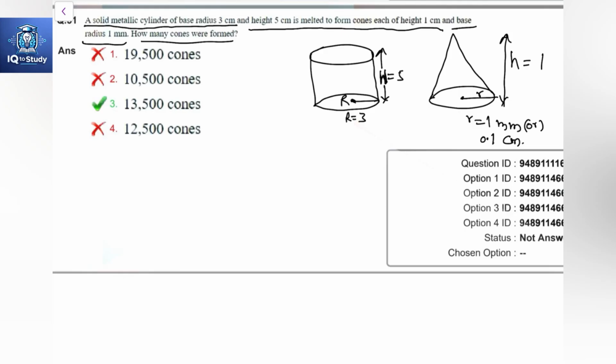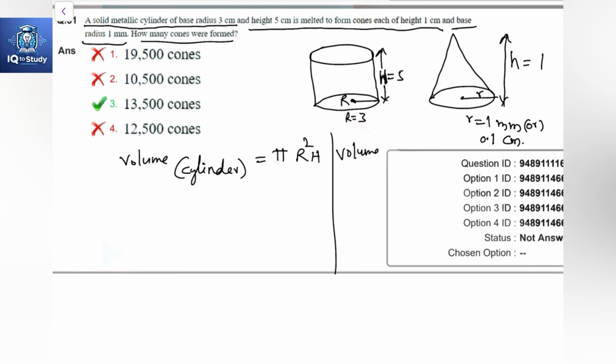We know that volume of cylinder is equal to pi r square h, and volume of cone is equal to 1 by 3 pi r square h. Let's substitute our values into the formula.